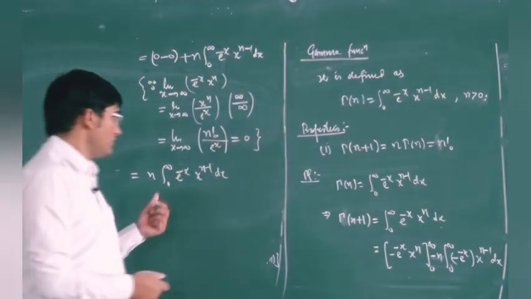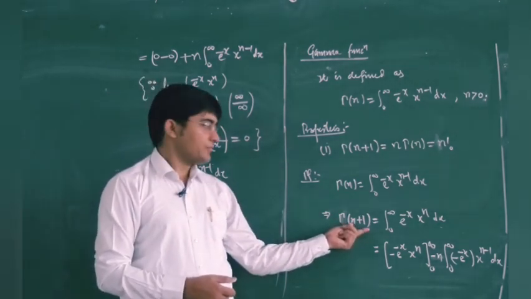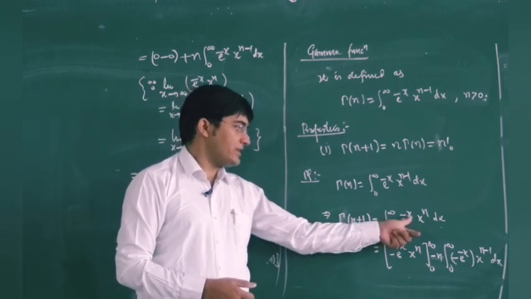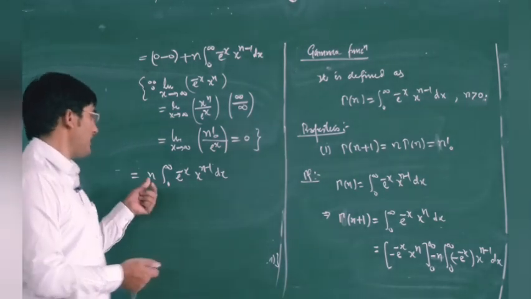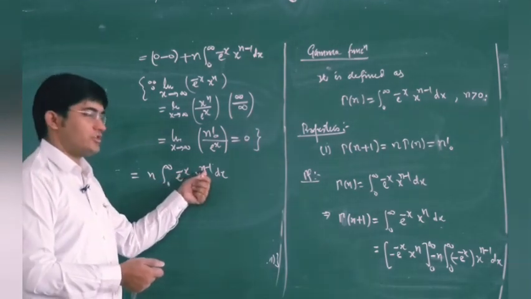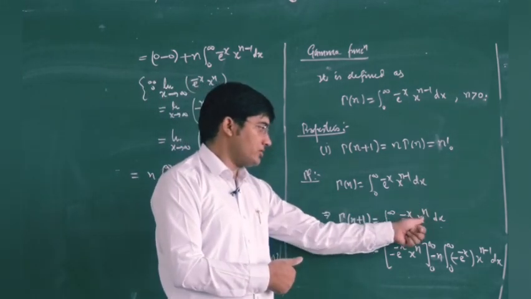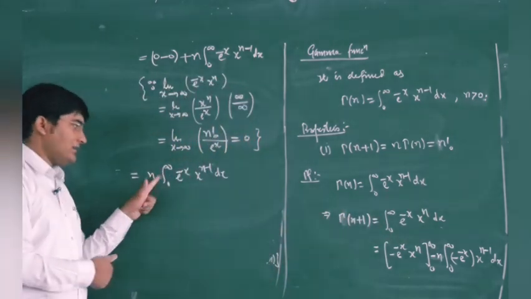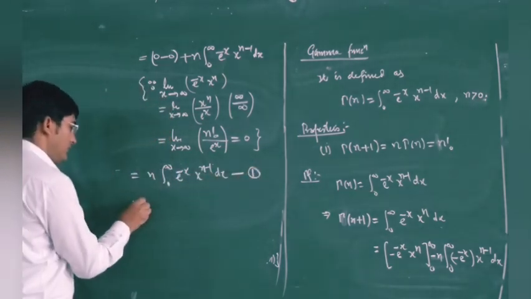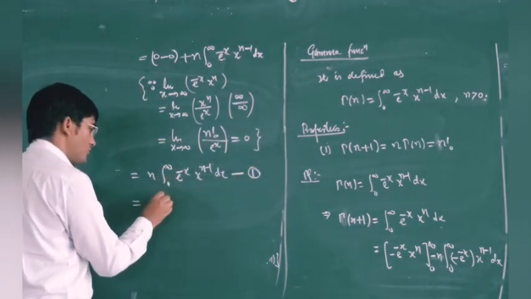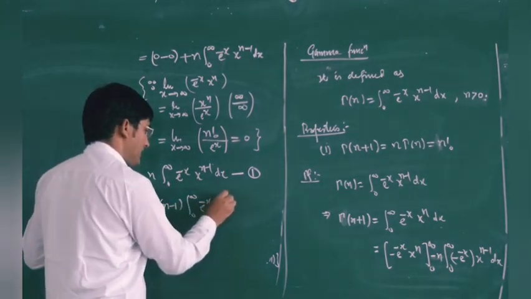So you can see that your original gamma n plus 1 was this one, the integral from 0 to infinity of e to the power minus x, x to the power n into dx. Now after one time of integration by parts, we have n outside and the power is reduced to n minus 1. So again after reduction we will have n into n minus 1, and now the power will become n minus 2.